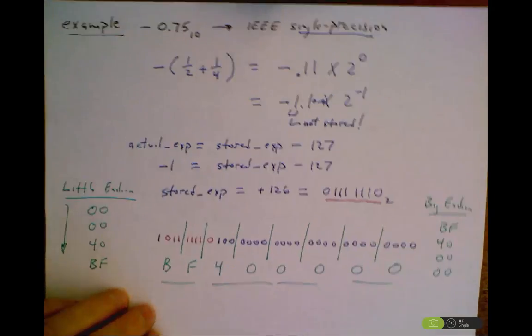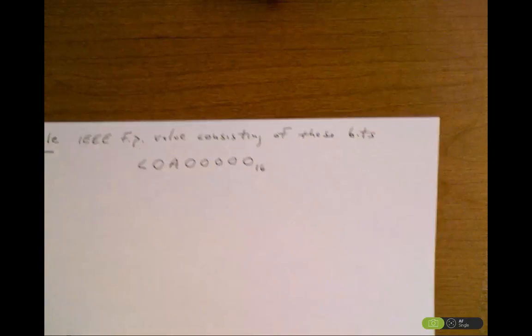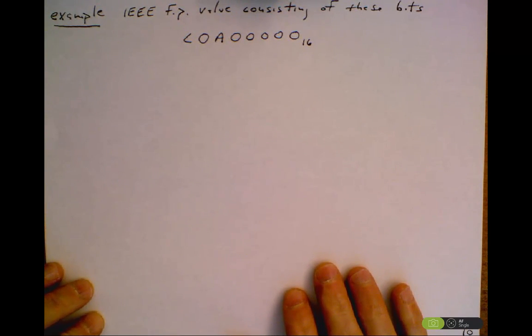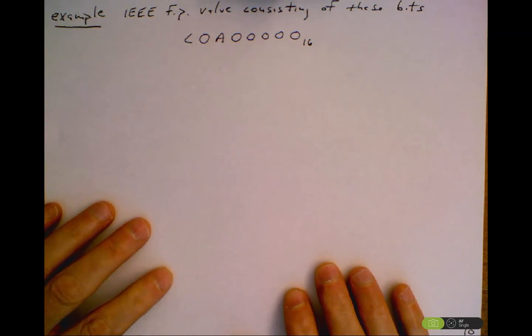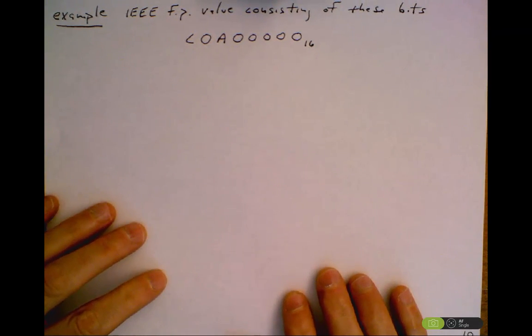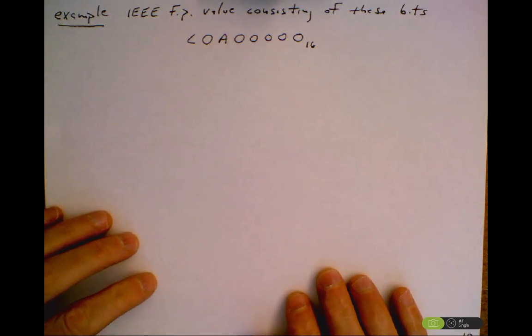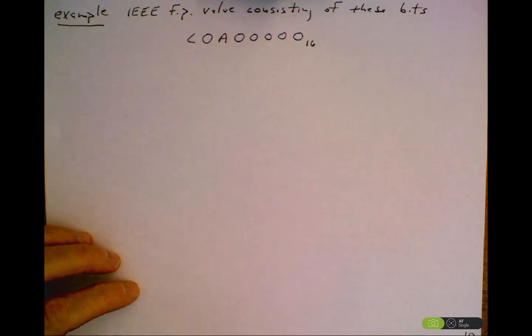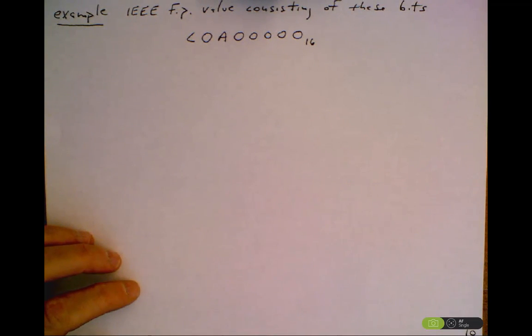Let's do one in the other direction. What about, we have X-ray vision, we look into memory, and we see this 32-bit value, which I've represented in hex there. Again, as I said in an early lecture, we look at bits in memory, we have no idea what kind of value it is.